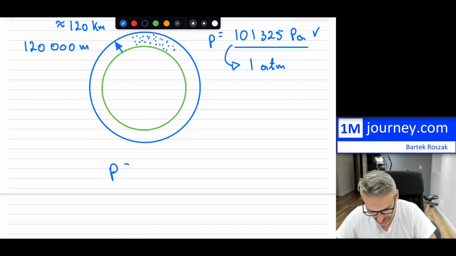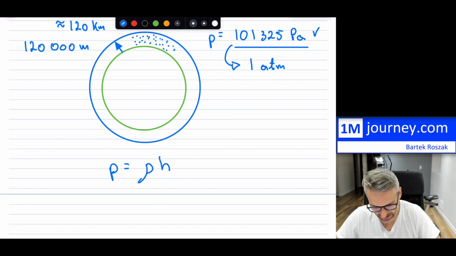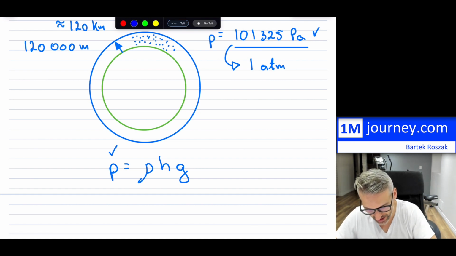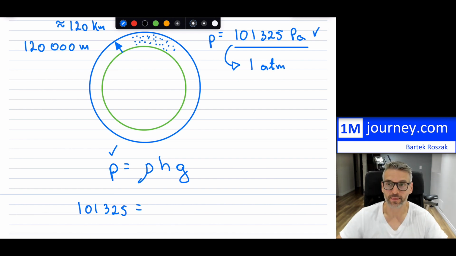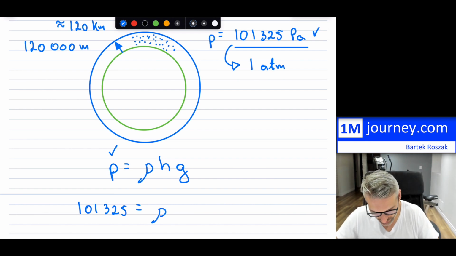So pressure is equal to the density times the depth times the gravity. Now, I just told you that the pressure, at sea level here on Earth, is 101,325. The density I don't know, I'm trying to find it.